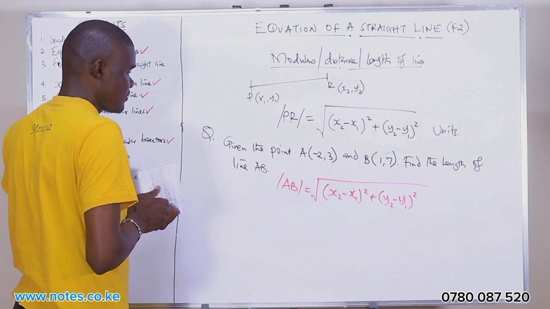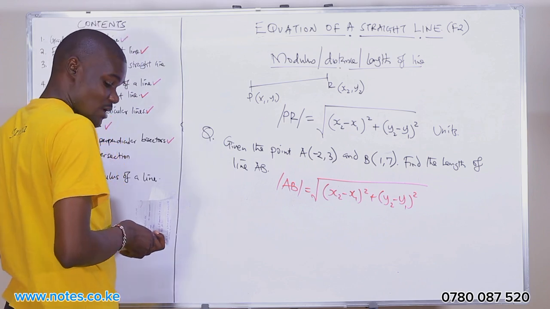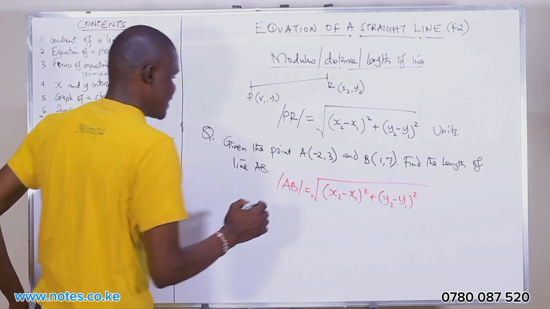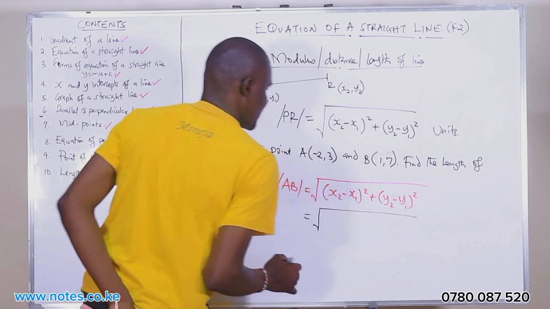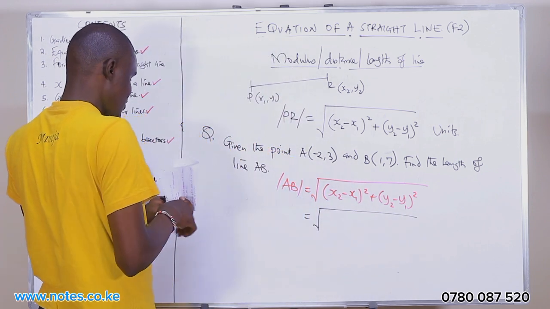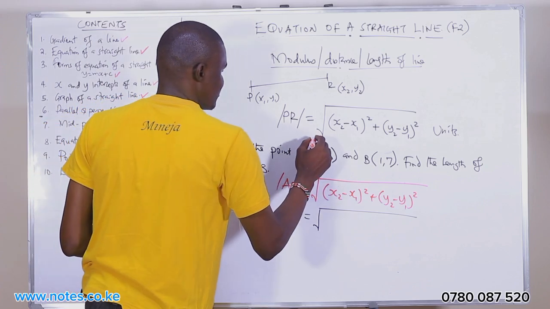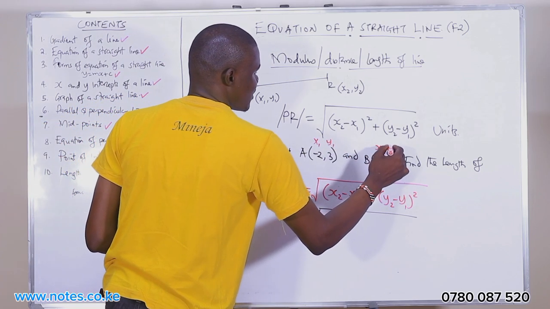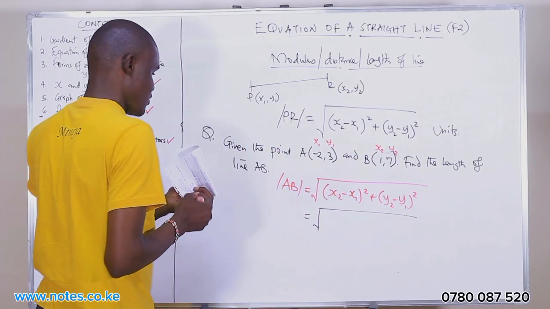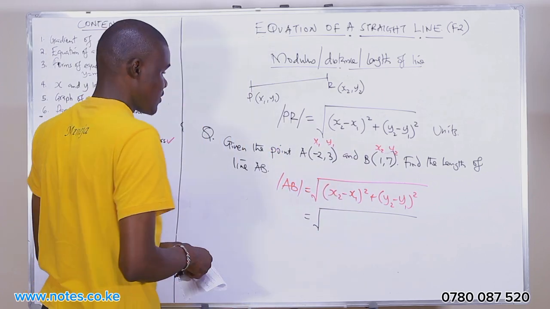And in my case, once I know the formula, I simply replace and I say this will be the square root of x2. I told you the most important thing is to label this so that when you are replacing, you know what you are doing and you don't confuse the concepts.